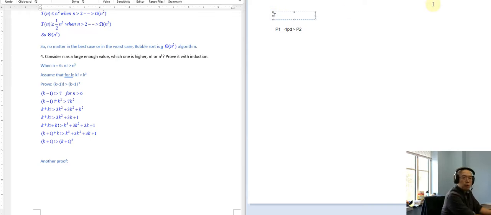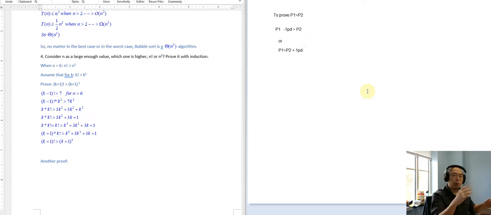So to prove person 1 is heavier than person 2, we can take 1 pound from person 1 and prove that person 1 minus 1 pound is still greater than person 2. Or here is another way of thinking: person 1 is greater than person 2 even after person 2 has increased 1 pound.